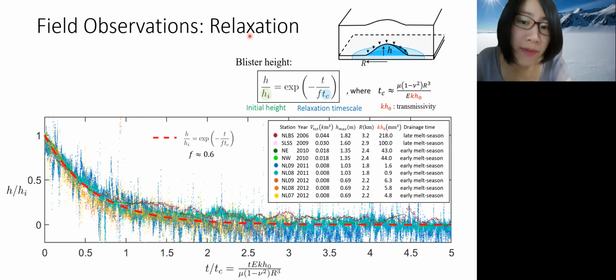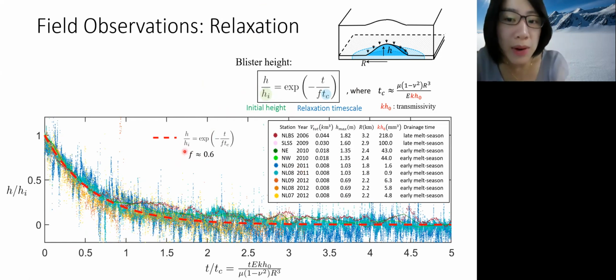Therefore, despite the variability of the local lake basins and the relaxation time span, this collapse of the data onto a single curve indicates the universality of uplift relaxation between the lakes, which can be explained by our simple model. And this exponential model serves as a new tool to determine the basal transmissivity on the lakes using only surface uplift data.